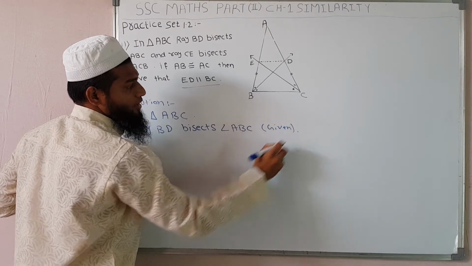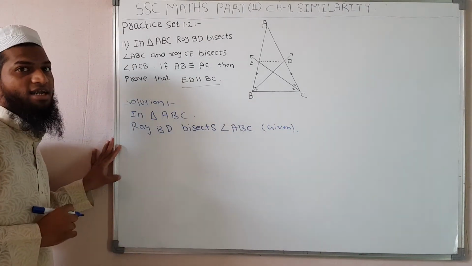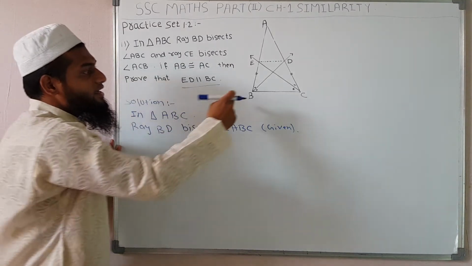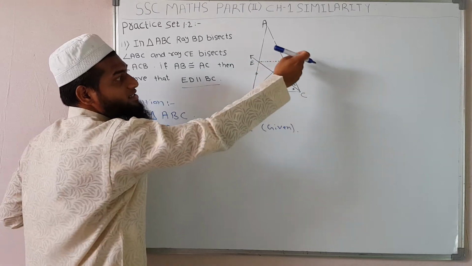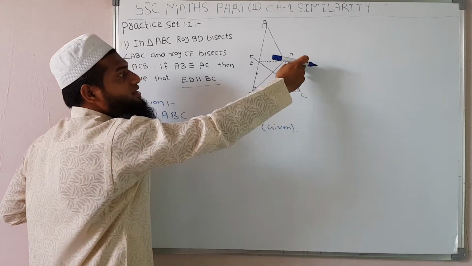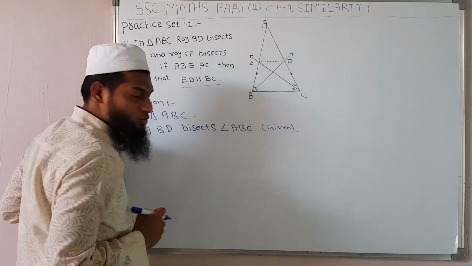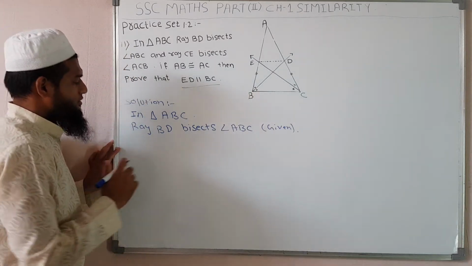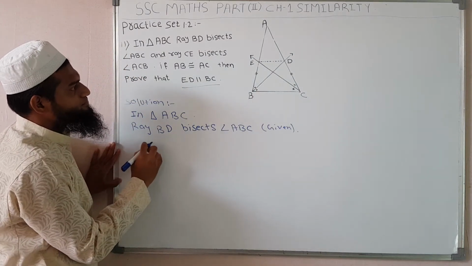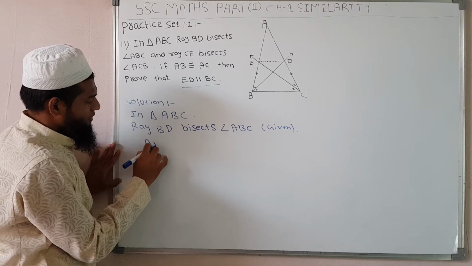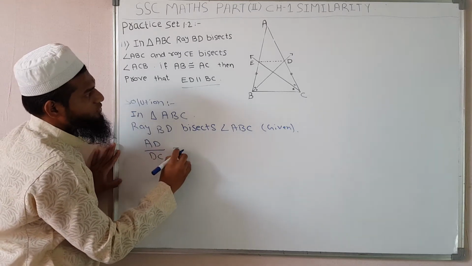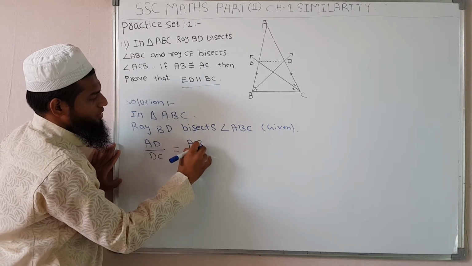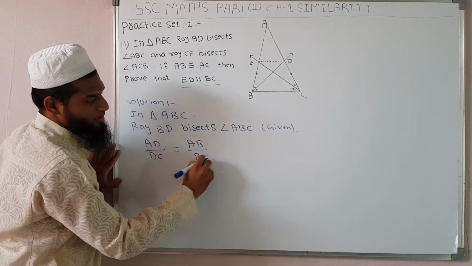Okay. So according to angle bisector theorem, we can write that if ray BD bisects angle ABC, then it divides the opposite side in the ratio of the remaining two sides. Then we can write here AD upon DC is equals to AB upon BC.